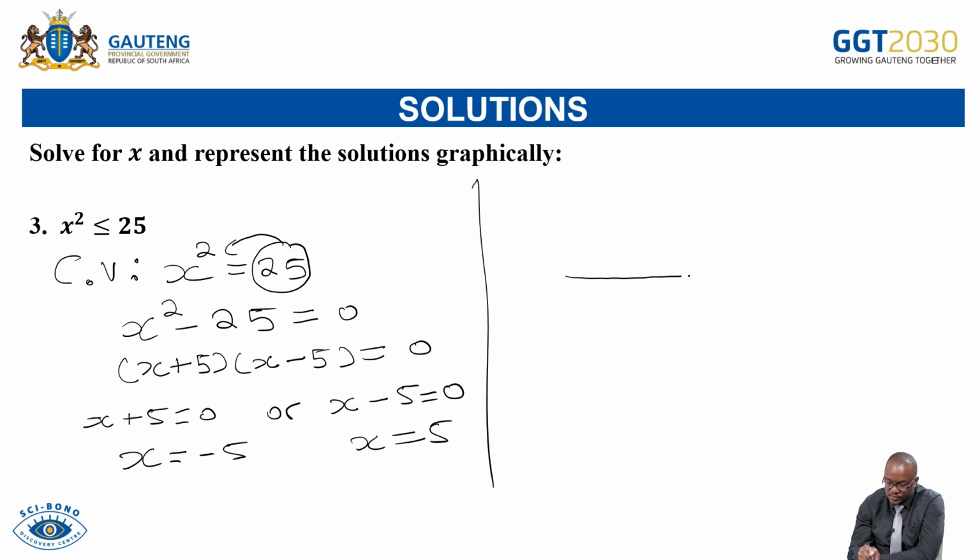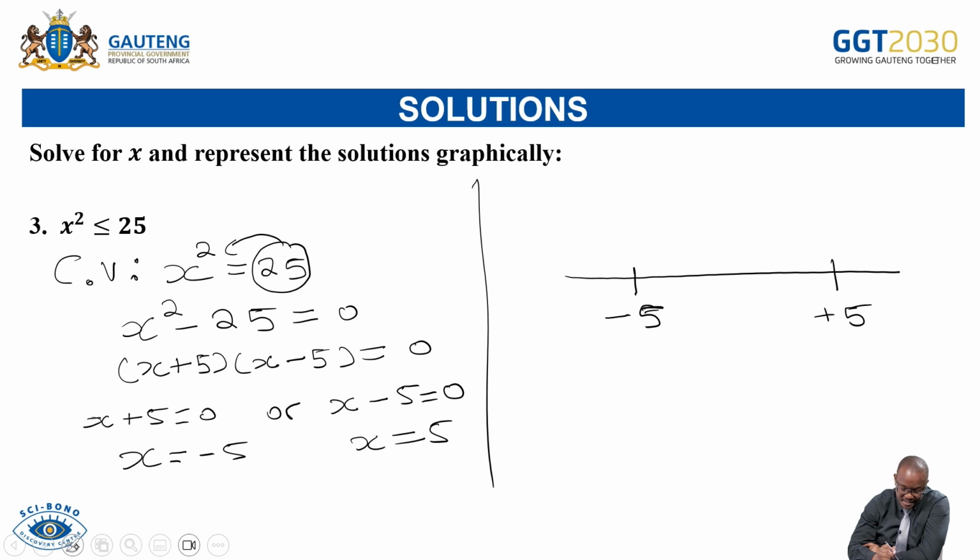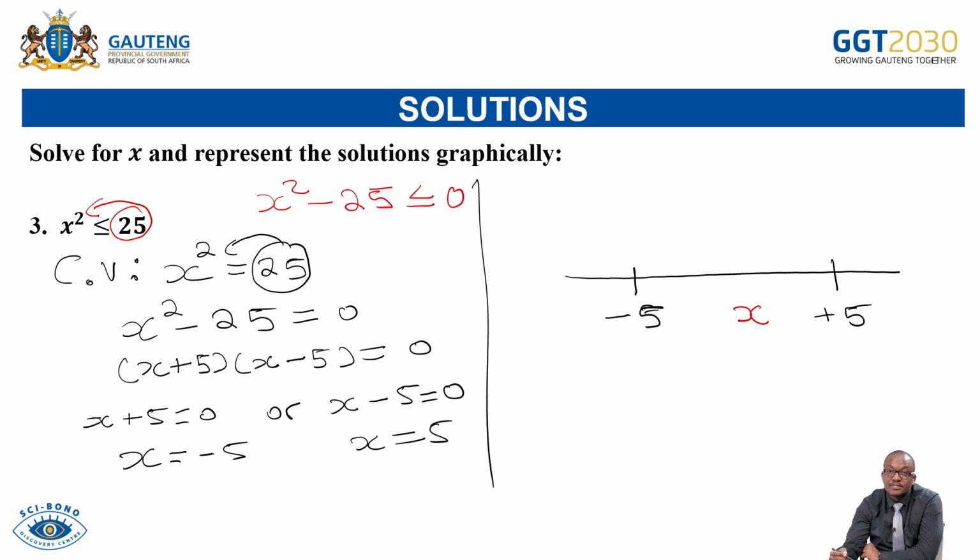So now we are going to solve our equation, giving it in inequality form. We have -5 and +5. Then we apply our technique. We put x between the two numbers there. Even if I transpose this to the left hand side, you're going to have x squared minus 25 less than or equal to 0.